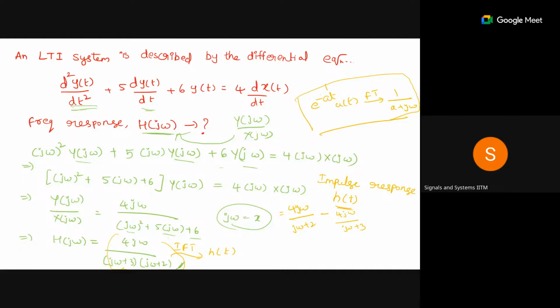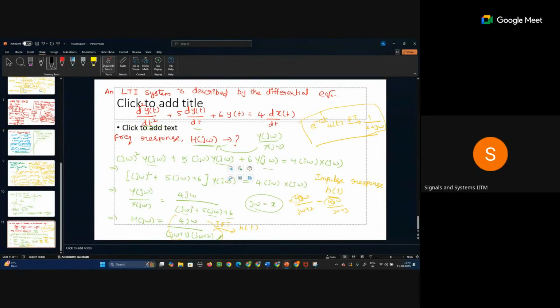The coefficients are not correct here. One will be 8 and one will be 12. Yes, ma'am, got it, 12 and 8. So correct: 12 upon j omega plus 3 and the other is minus 8 upon j omega plus 2. Yes, correct. Okay, I will tell how to do it.